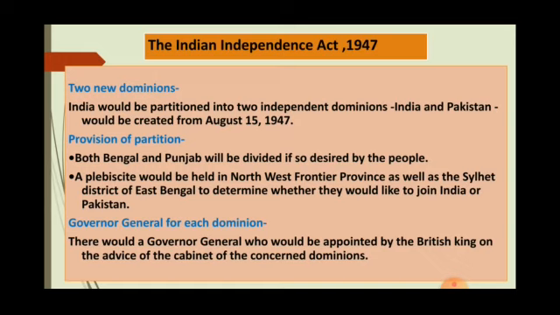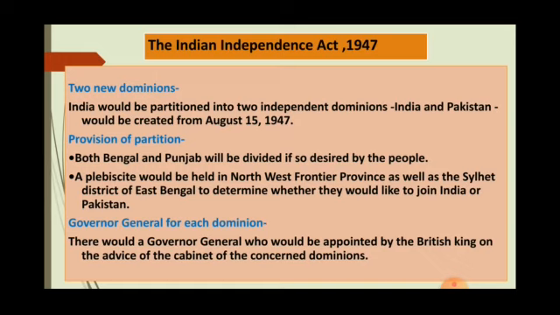Both Bengal and Punjab will be divided if so decided by the people. As per the wishes of the people, the states like Bengal and Punjab will be divided. A plebiscite would be held in Northwest Frontier Province as well as in the Sylhet district of East Bengal to determine whether they would like to join India or Pakistan.